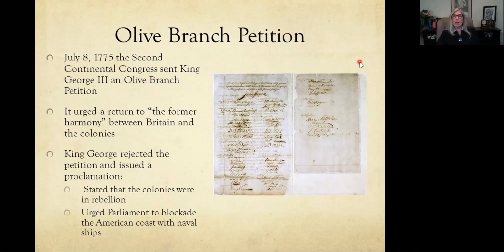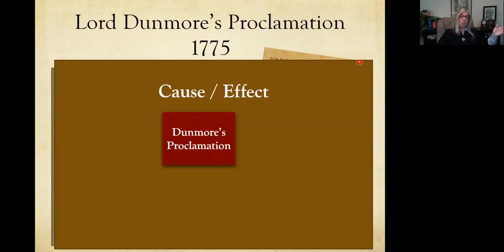Pretty much any representative of the British government was now hated within the colonies. So if we go back to Lord Dunmore's War, that was actually in 1774, he had become a hero of these people in the back country. But now things have changed.